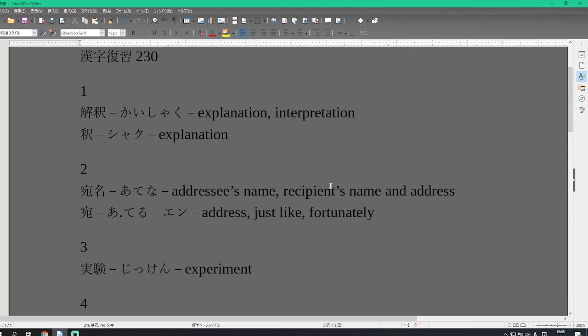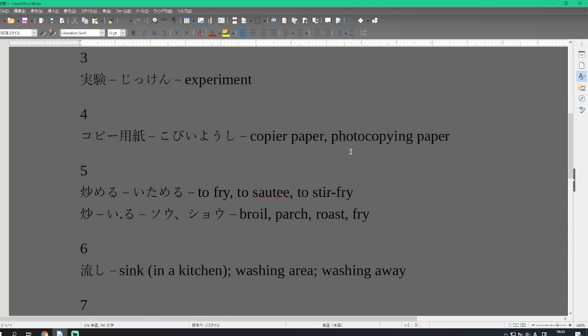Atena. Number 3 is jikken. Jitsu on the left side is reality, and ken on the right side is to test or find out. So testing or finding out reality is an experiment. Jikken.